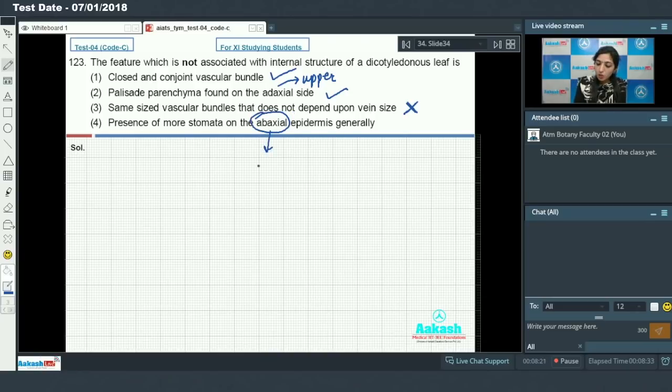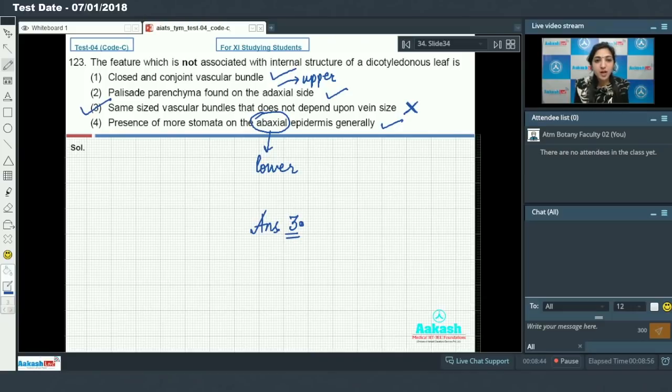Generally, lower epidermis में number of stomata are more as compared to upper epidermis. So this is correct. We have to identify the feature which is not associated with the structure of dicotyledonous leaf. It is feature number 3. So the answer to this question is option number 3.